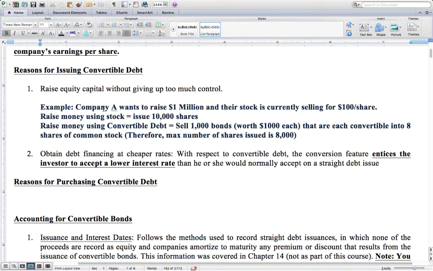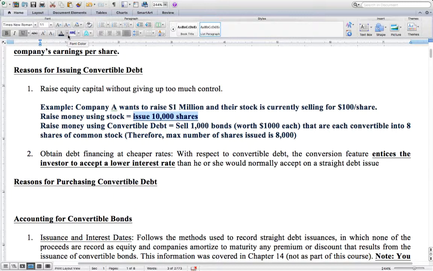Therefore, if the people purchasing these convertible bonds elect to convert them, the max number of shares that could be issued is 8,000. Therefore, they are giving up potentially less ownership if they do the convertible debt as opposed to issuing the equity and just issuing shares of stock.